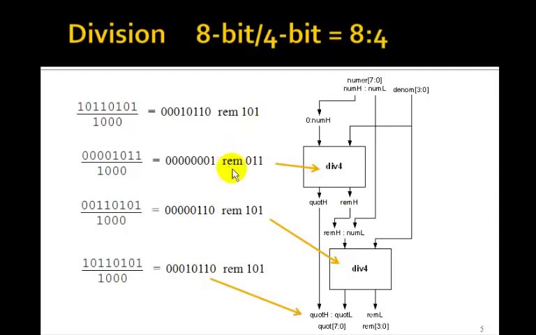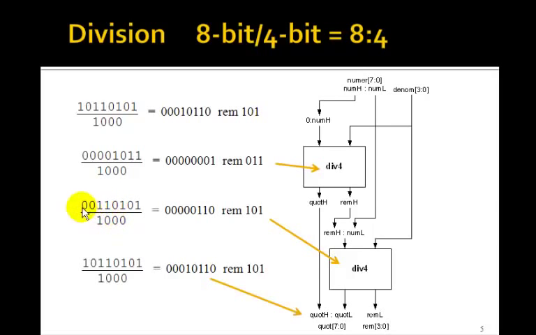Now, you take the remainder high and you make that the high 4 bits of a new numerator. That's going to be here, remainder high concatenated with numerator low. Numerator low was the 0101. So here's our new numerator. Now we know this will work for our 4-bit division because 0011 has to be less than the 8, otherwise it wouldn't be a remainder.